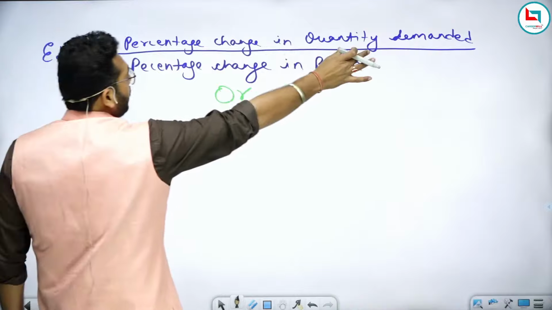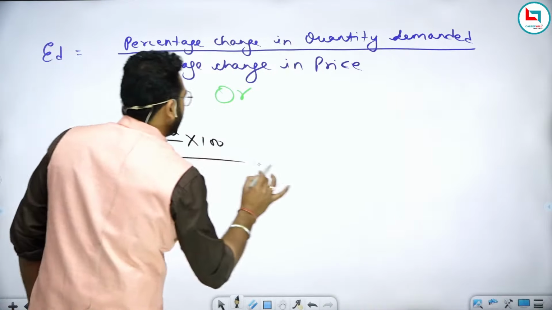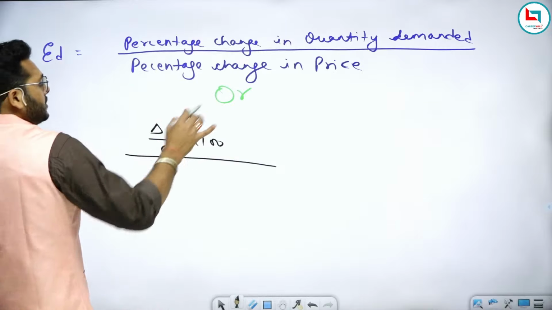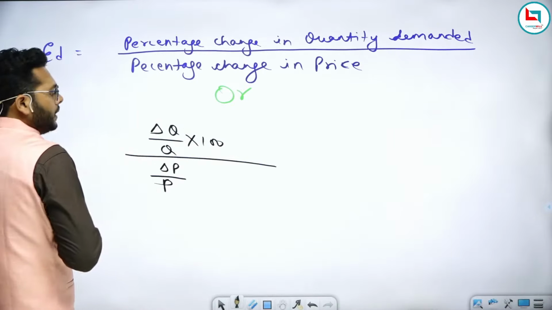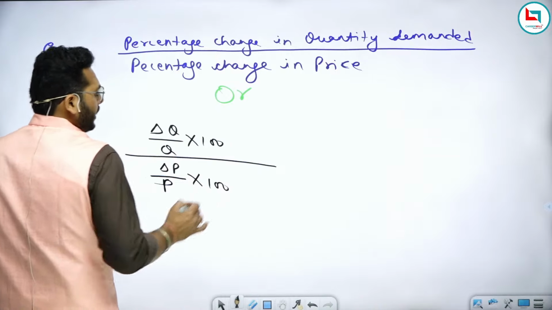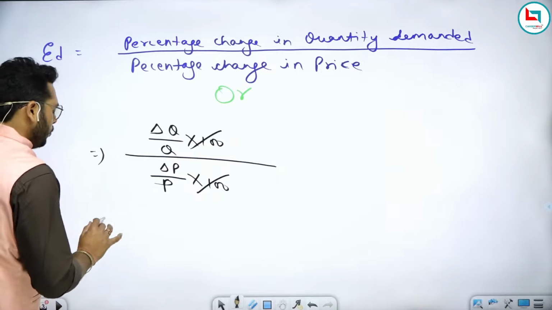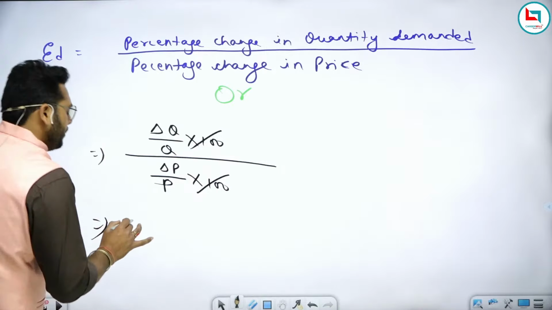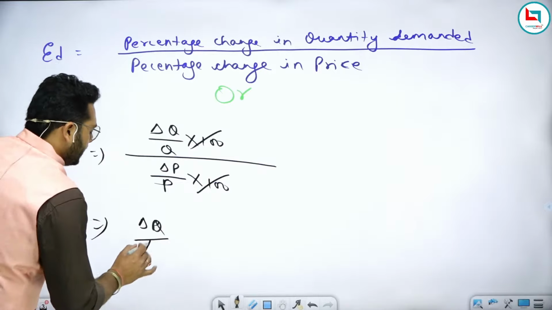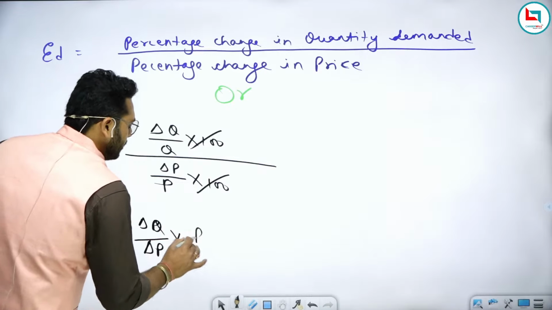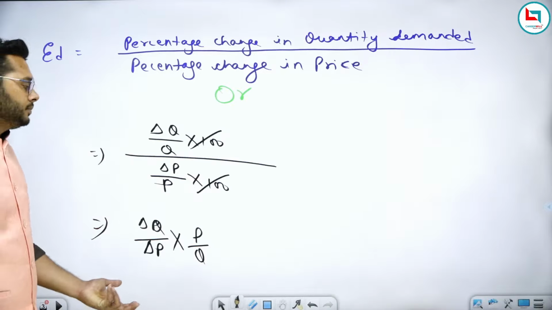Percentage change in price is change in P upon initial P into 100. I can cut this 100 with 100. What remains is delta Q upon delta P multiplied by P upon Q. This answer you will get now.